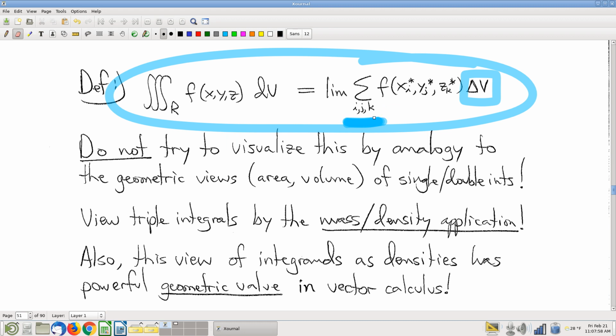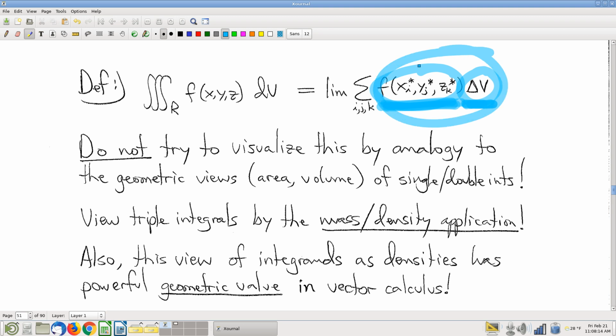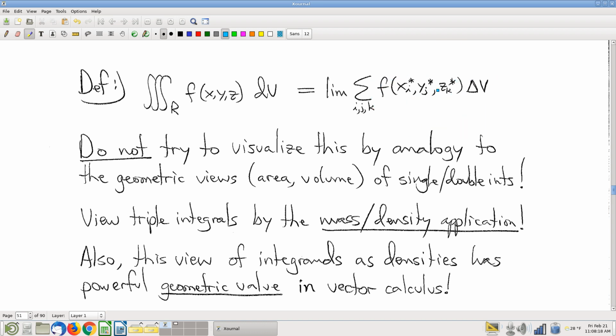For each little piece of volume, for reasons appropriate to the application, I'm going to multiply some integrand times the volume. Again, the easy one to visualize is density, because density, mass per unit volume, times volume gives you mass. You can think here as we are accumulating pieces of mass if this is mass per unit volume, right? Very natural construction.